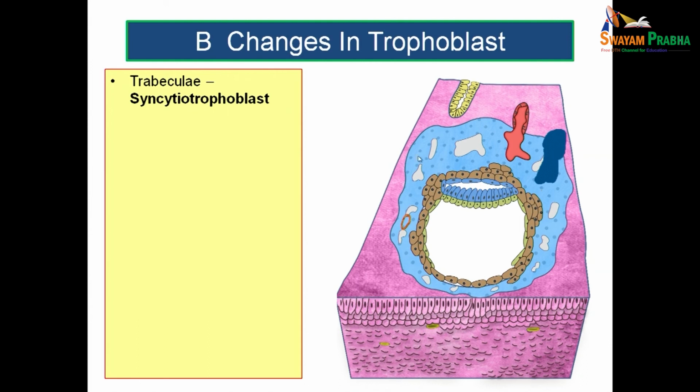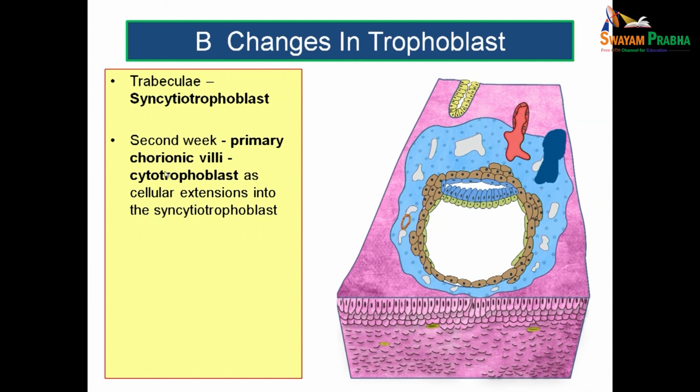We can see the lacunar spaces, which are later invaded by the endometrial arteries and endometrial veins. The syncytial trophoblast lying between the lacunar spaces, the blue colored region, is known as the trabeculae.